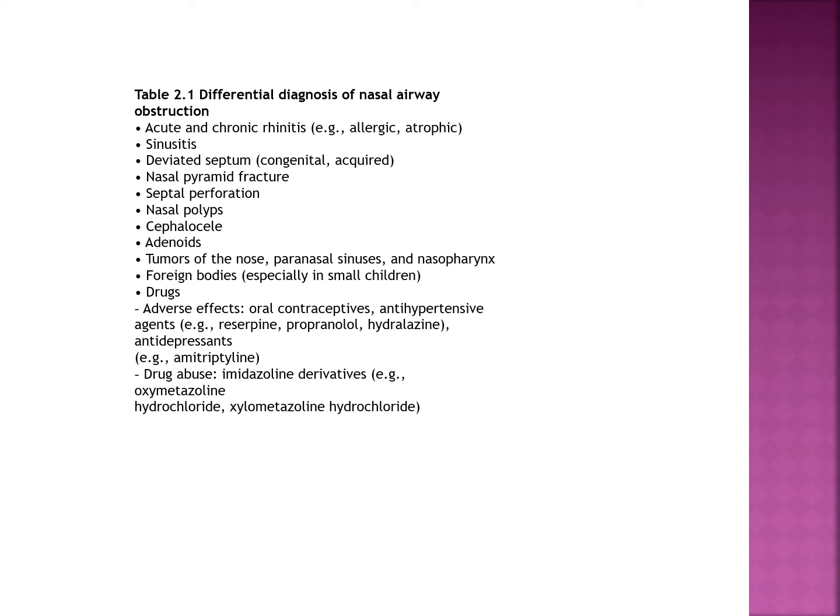It could either be congenital or acquired, so elicit for history of trauma, nasal pyramid fracture, septal perforation, nasal polyps, cephalocele, adenoids, tumors of the nose, paranasal sinuses, and nasopharynx, foreign bodies, especially in small children, drugs, adverse effects, oral contraceptives, antihypertensive agents.